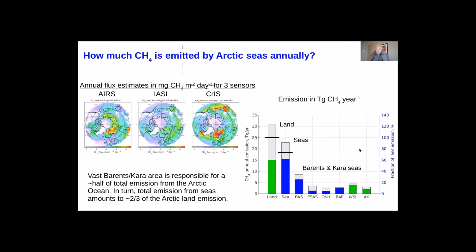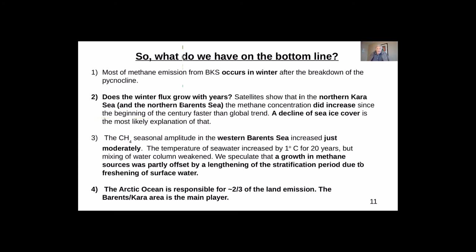Other areas are much lower. What do we have on the bottom line? Most of the methane emission from the Barents-Kara seas occurs in winter after the breakdown of the pycnocline. And winter flux grows with years.